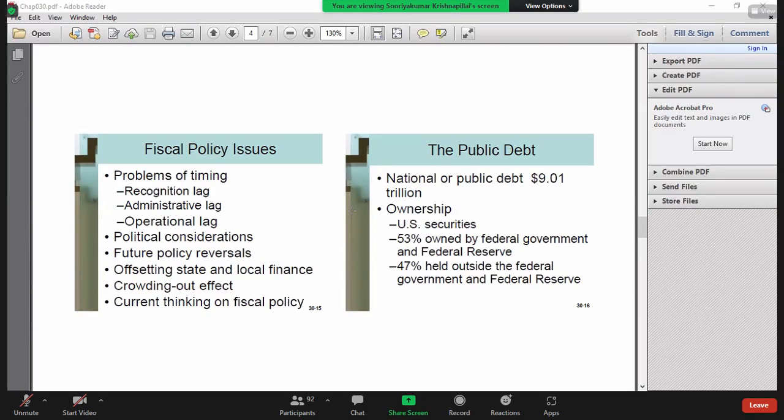But when the economy is down in recession, the state and local governments have less tax revenue, so they spend less. Their expenditure decreases. They don't want to increase their expenditure. So the central government increases expenditure to stimulate the economy, but the local and state governments decrease.